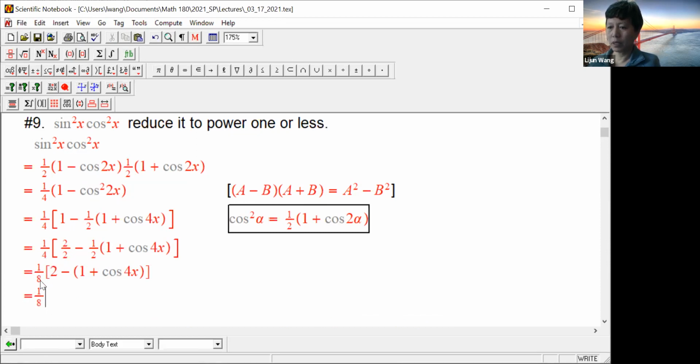Since I'm writing it this way, I probably just write it this way, so it's easier for you guys to read. Okay, factored out the half. So now 1/8, you open up the parentheses, you do the subtraction. So this is going to be subtraction, and now it's going to be 1, and inside the parentheses. So that's that.